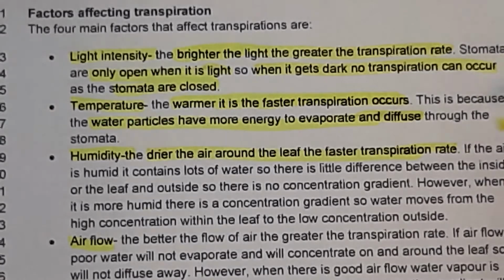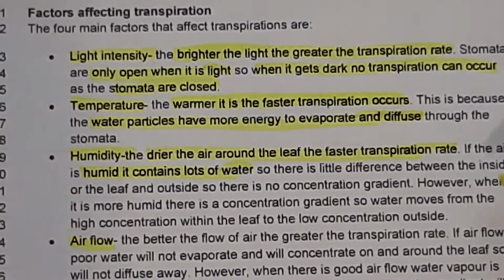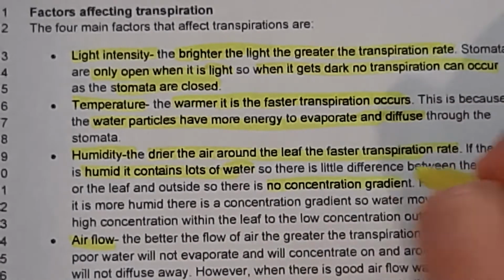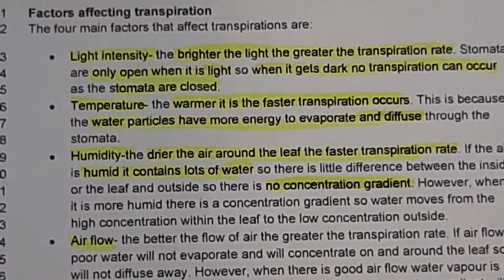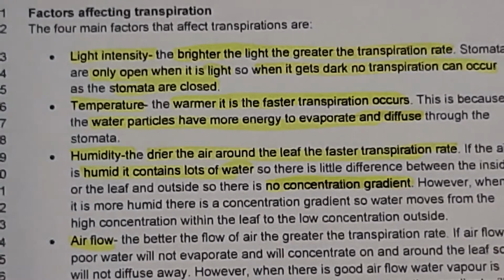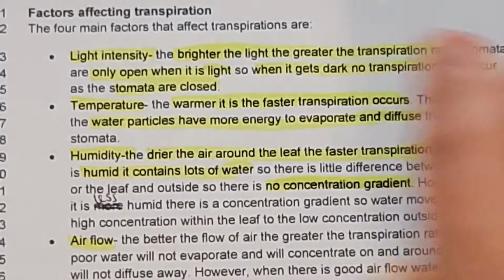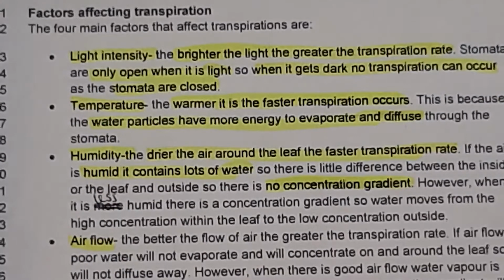So when the air is humid, it contains lots of water. Okay, so there's very little difference between the inside of the leaf, which contains a lot of water, and the outside of the leaf, where there's also a lot of water because it's humid. So we talk about this being no concentration gradient, similar conditions inside and out. However, when it is less humid, there is a concentration gradient.